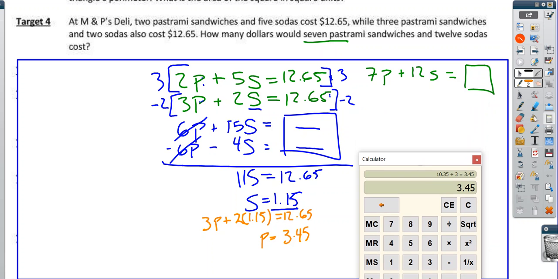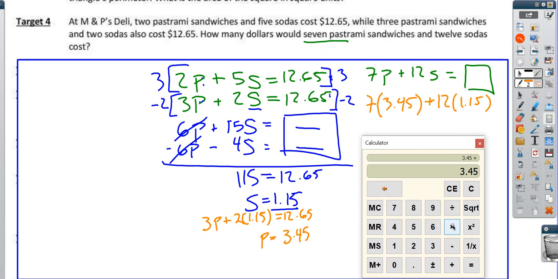So now we know that we're getting 7 pastrami sandwiches at $3.45 plus 12 sodas at 1.15. That is a lot of soda. Oh my goodness. All right, and so now we're going to multiply the pastrami sandwiches by 7. We get $24.15.